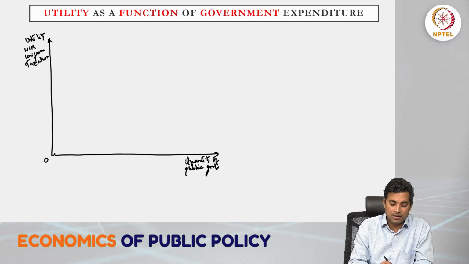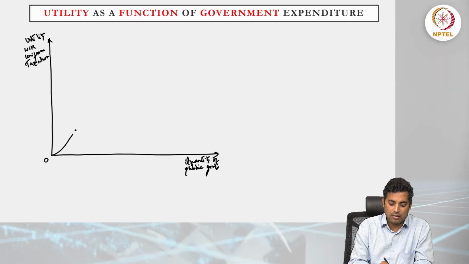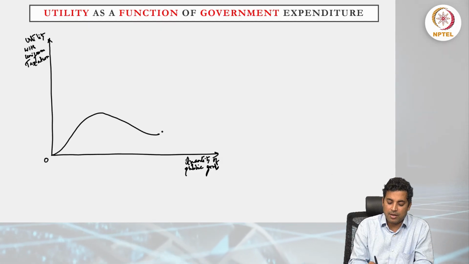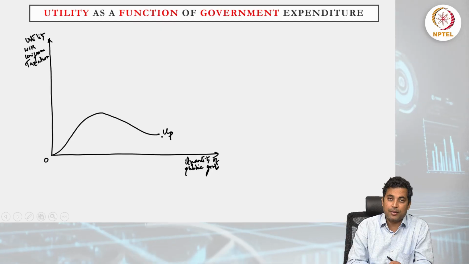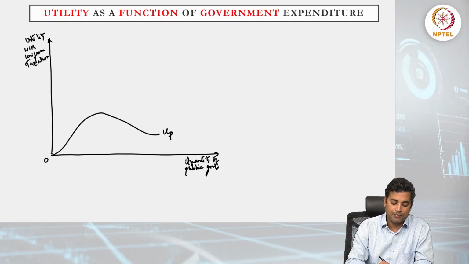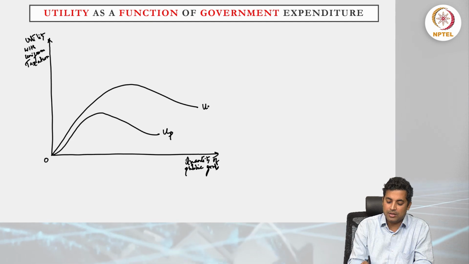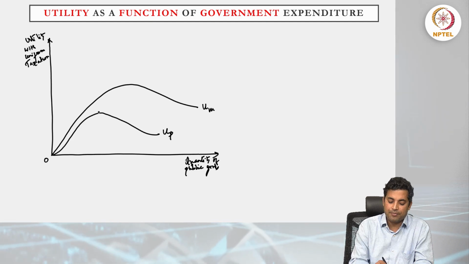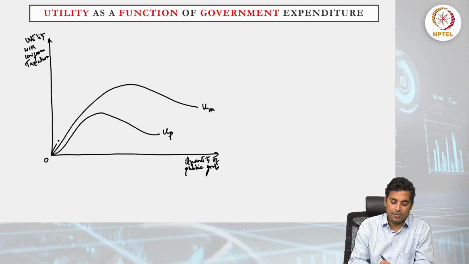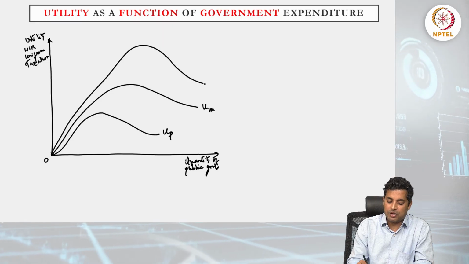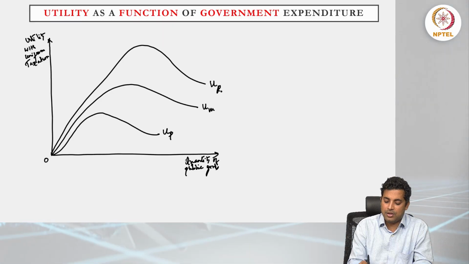So the poor person's utility will be like this one, utility for the poor income household, then say this is for the middle income, utility for middle income, and then for the rich, say, utility for the rich.